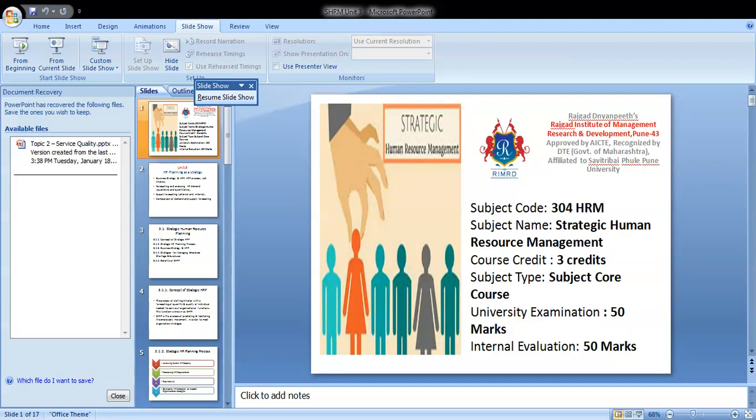Then action planning. The organization is required to take an immediate step to cover up the gap, if any, identified between the two estimates, that is HR demand and HR supply. In this particular phase, immediate action is taken to maintain a balance between the exact requirement and available resources.